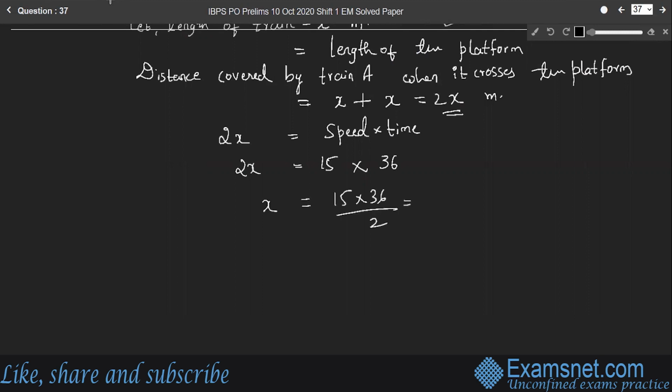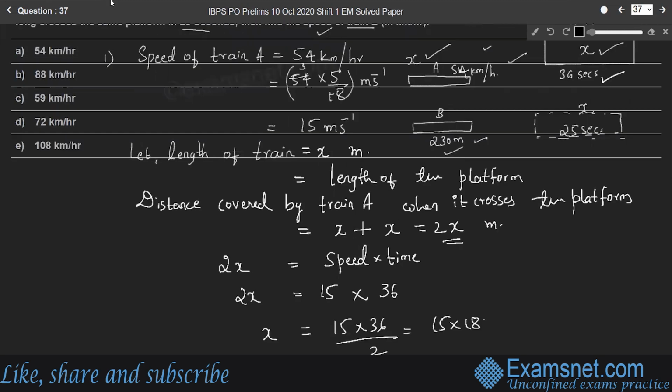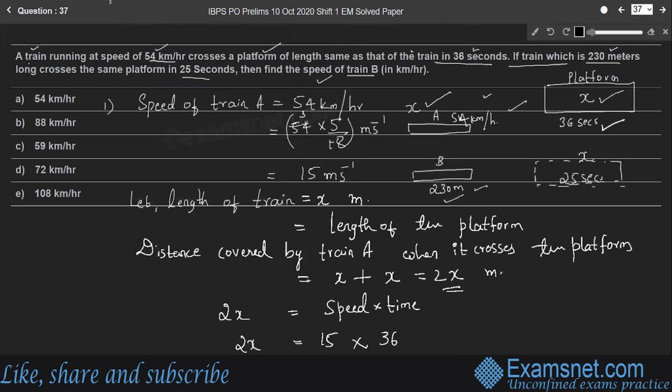Therefore, the length of the train x is equal to 270 meters.